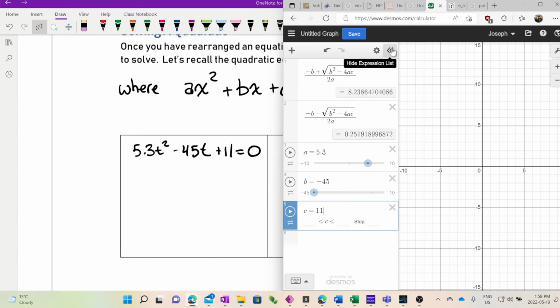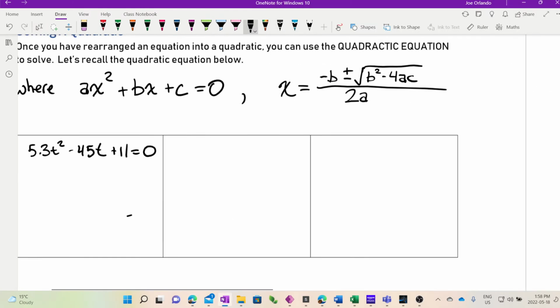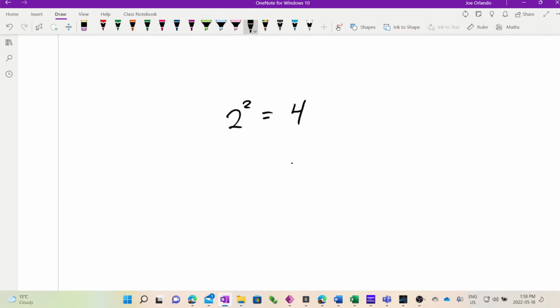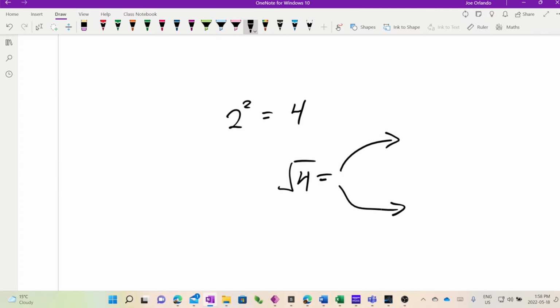You get 2, which makes sense, because when you take the square root, there's actually not one answer. There are always 2, because it hits 2 points. But even more fundamentally, why does square rooting something give you 2 solutions? If 2 squared equals 4, why does the square root of 4 have 2 answers? And it does. What are the 2 answers?